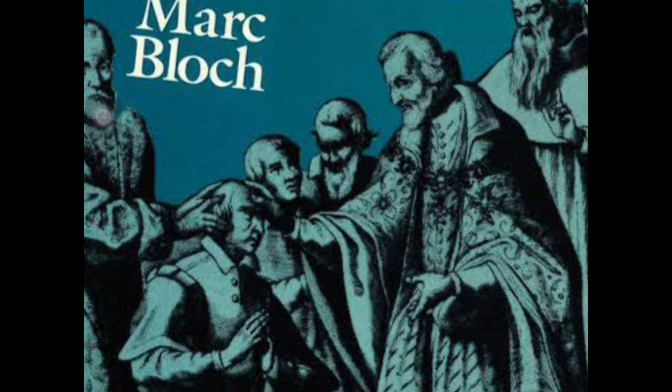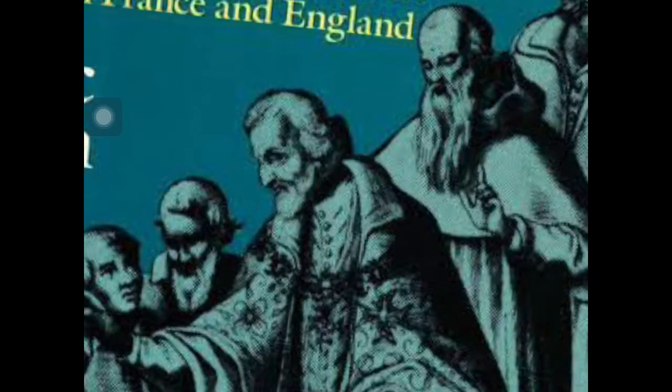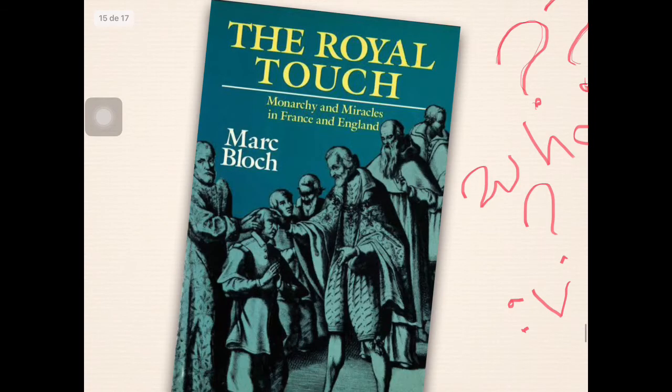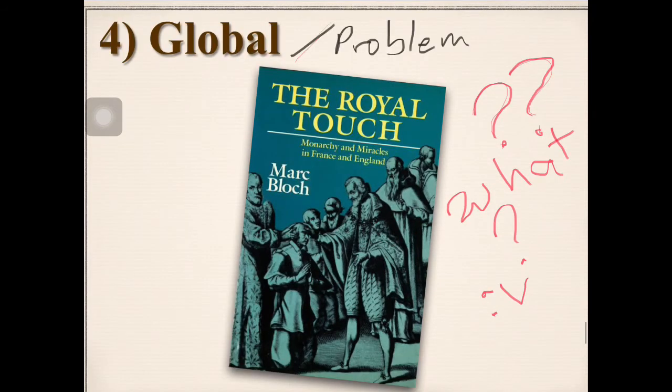So that is precisely the answer that he was able to get. People believed that kings could heal them because they were chosen by God. To rule, yes, not to heal, but a proof that they were chosen to rule was that they were actually able to heal people. And also, they would heal people of very particular diseases, very particular illnesses.